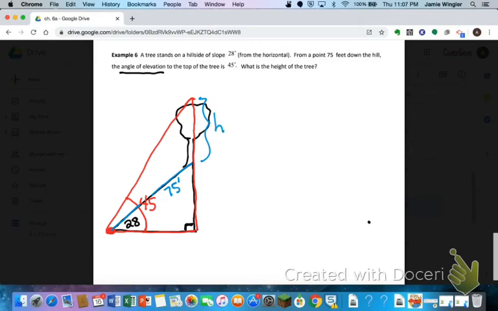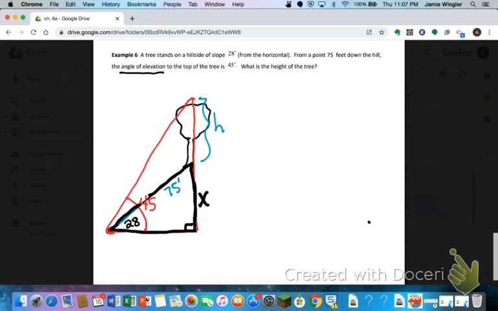In this particular problem, I think I'm going to use the right triangles. So I'm going to use the small right triangle first. The small right triangle has the 28 degrees, the 75 feet, and the 90 degrees. And I'm going to find this distance.